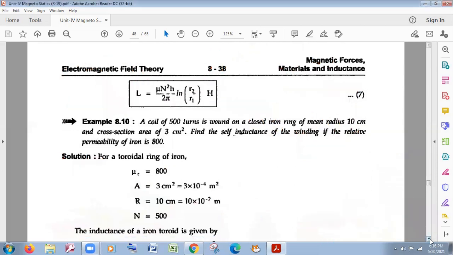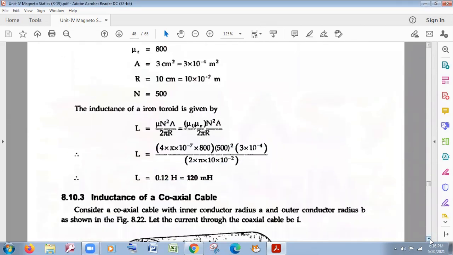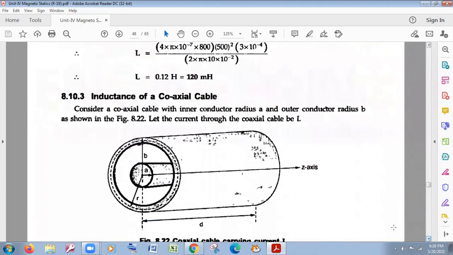Now, to find the inductance of a coaxial cable: this is a coaxial cable. The inner radius is A and the outer radius is B, the Gaussian surface has radius R, and the length of the coaxial cable is D. What is the inductance?